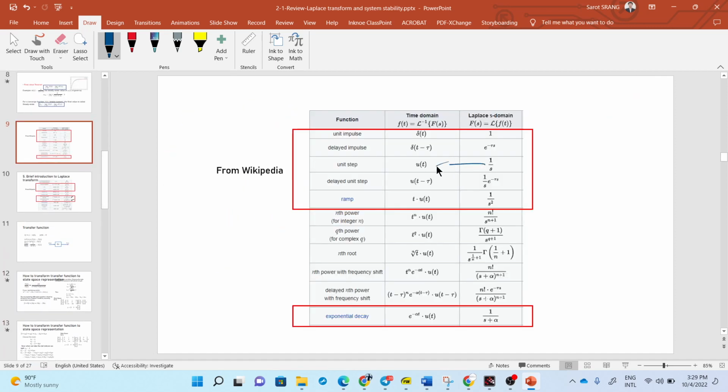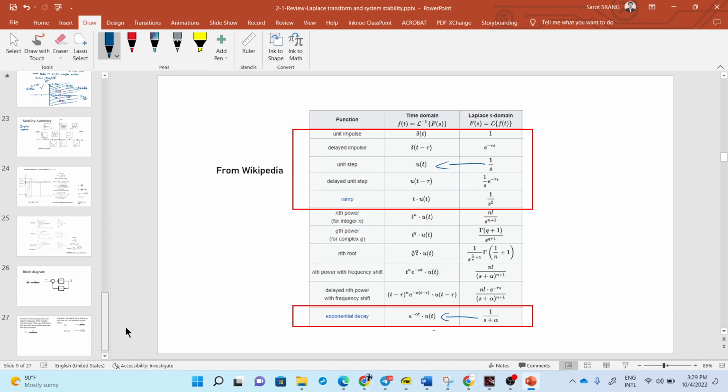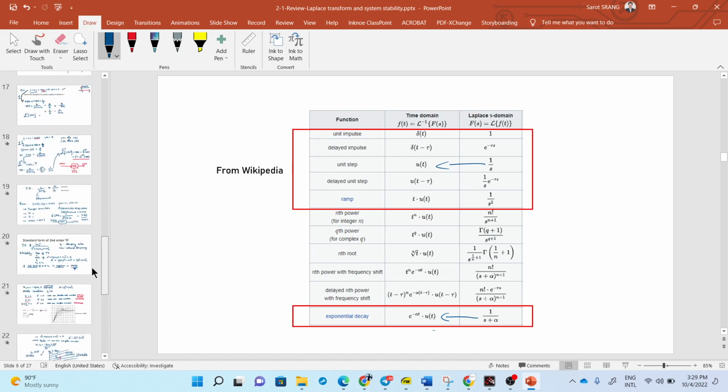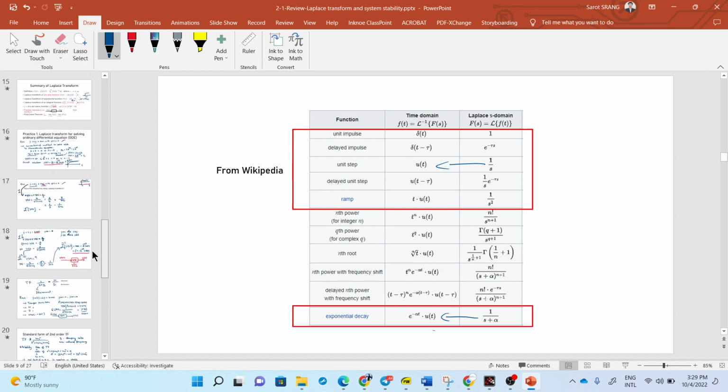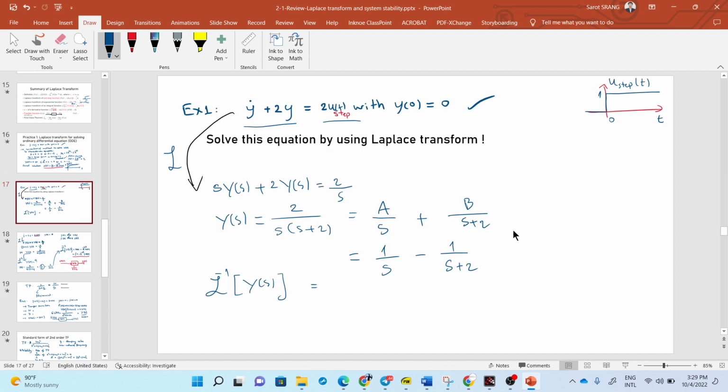So 1 over s goes back to the step function, and for s plus a, or s plus alpha, then you get this function, right? So here you get step of t minus e to the minus 2t u step of t.